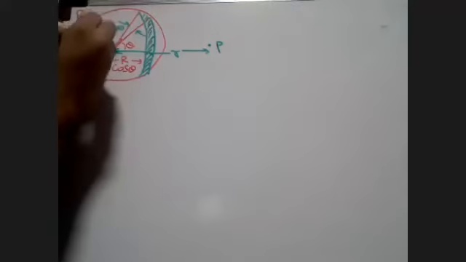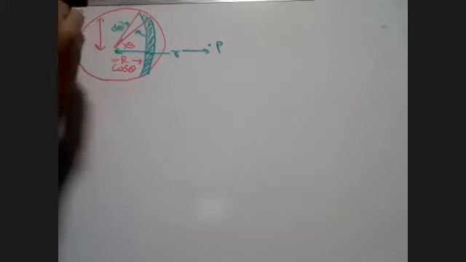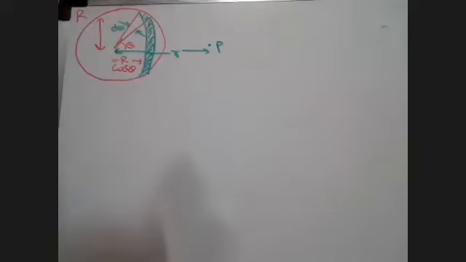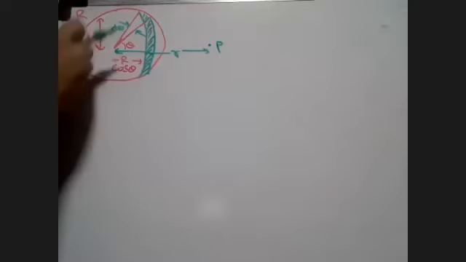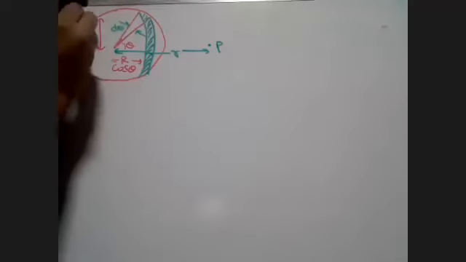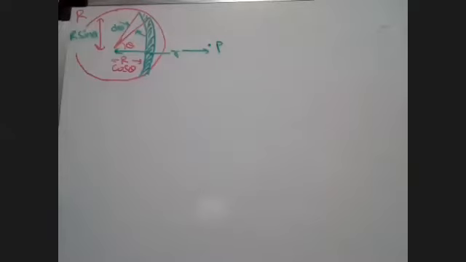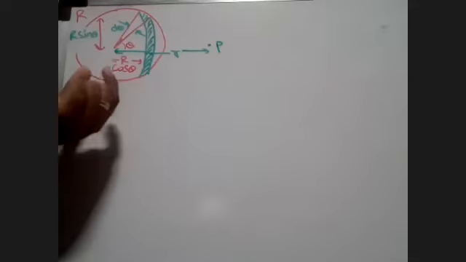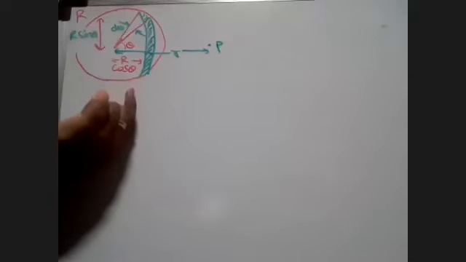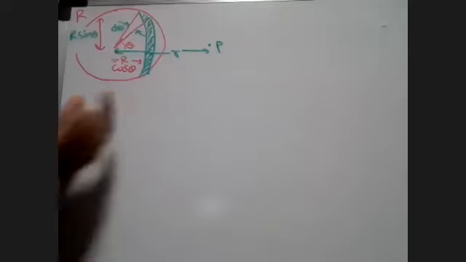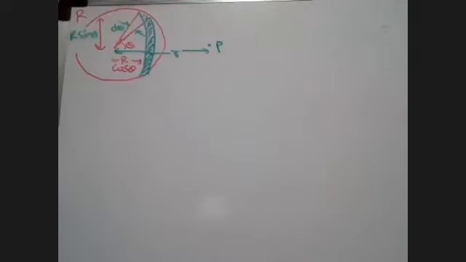R sin theta. So you have a horizontal component of the radius of the sphere, capital R cos theta, and a vertical component, capital R sin theta.